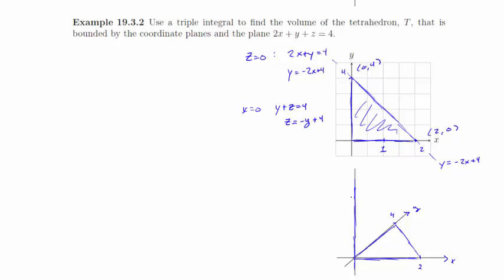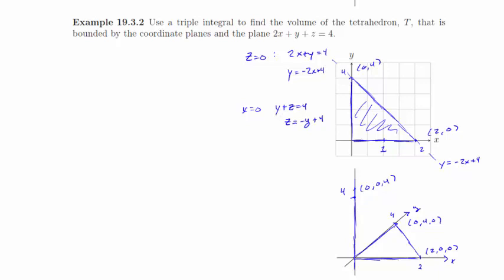So that's going to start us out with 4 on the z-axis. I want to label these points. This is 0, 4, 0. This is the point 2, 0, 0. And then this point that we're starting at is 0, 0, 4. And the slope is negative 1 in the y direction, down 1 over 1 in the z and y direction.